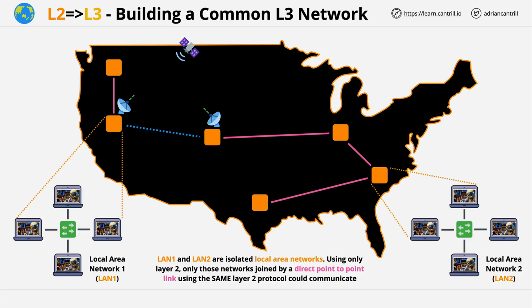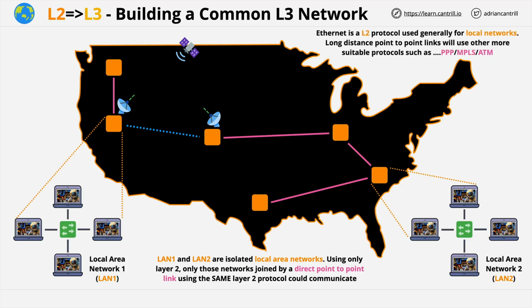Now, Ethernet is one layer 2 technology which is generally used for local networks. It's the most popular wired connection technology for local area networks. But for point-to-point links and other long-distance connections, you might also use things such as PPP, MPLS, or ATM. Not all of these use frames with the same format, so we need something in common between them.